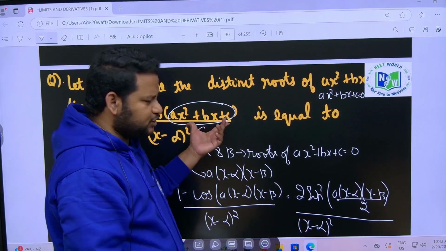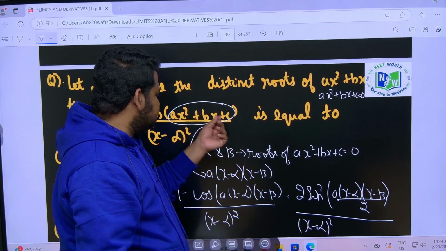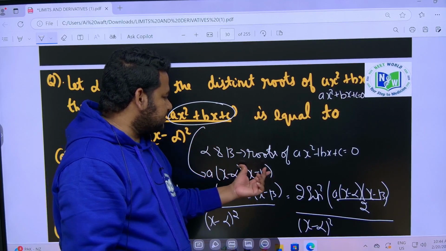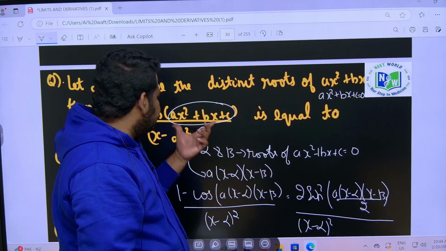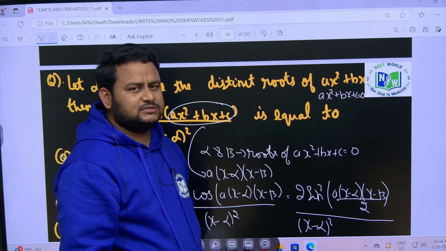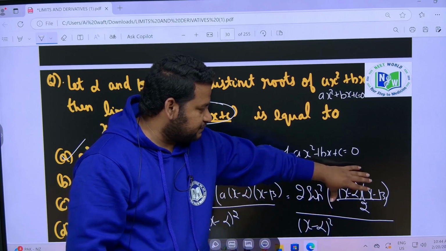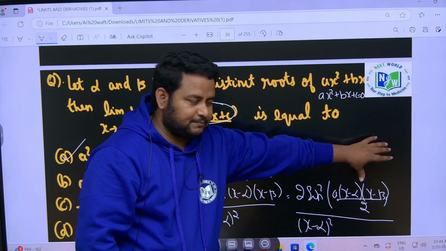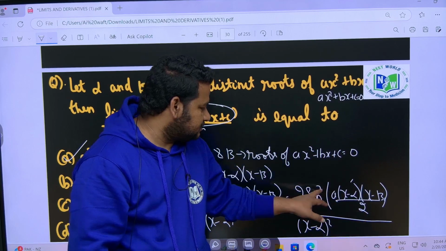So the first most important thing is you should know ax square plus bx plus c, you can write it as a times x minus alpha, x minus beta. Wherever this value is there, I'll write this value. Next, 1 minus cos theta is 2 sin square theta by 2, that I applied. Then I did modifications, whatever is inside I divided and multiplied, and we have to square it because it is sin square.